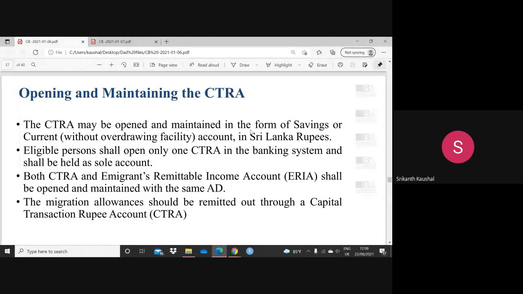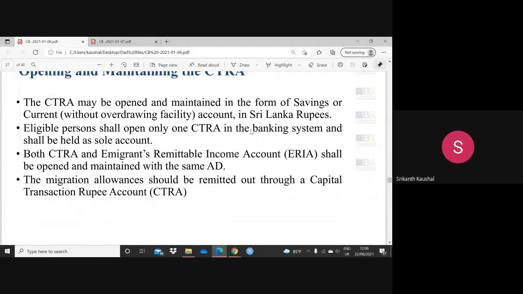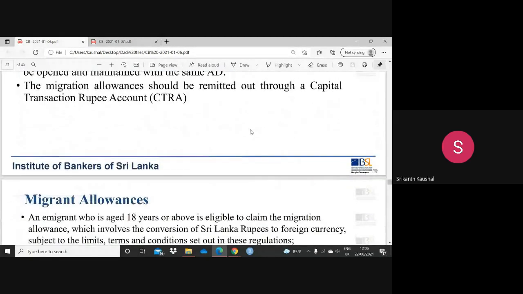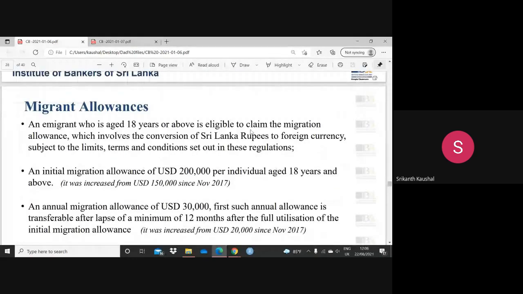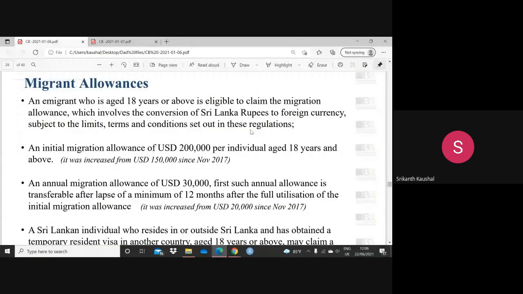Then let us see what the migration allowances are. I'm just telling you, these are the migrant allowances. Anybody over 18 years is eligible to claim migrant allowances. There are two different types of allowance.